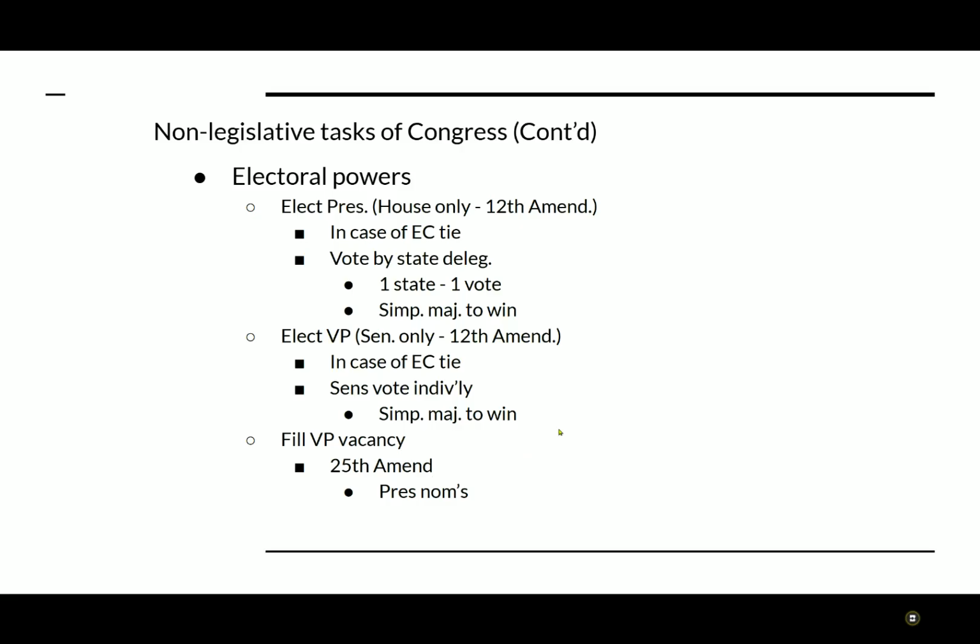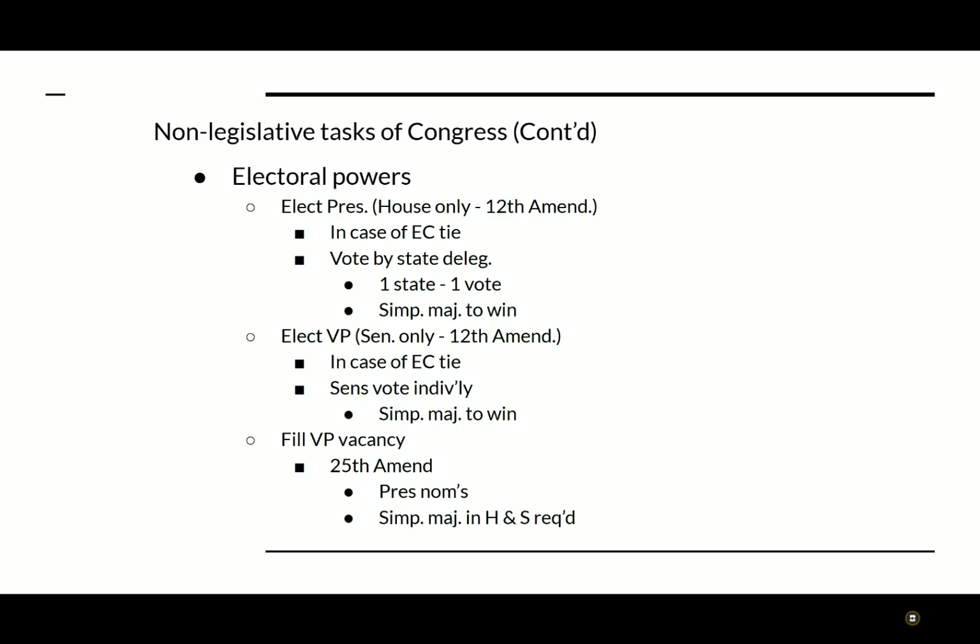And this is something that happened during the Nixon administration. Nixon's vice president, Spiro Agnew, had to resign due to scandal. And all of a sudden we have something that we needed to deal with, an absence in the vice presidency. The 25th Amendment says that the president gets to nominate a replacement vice president.